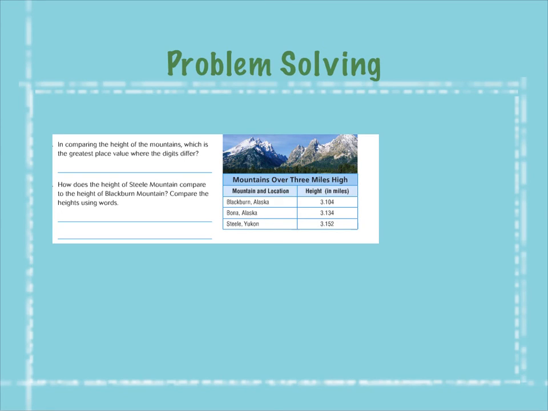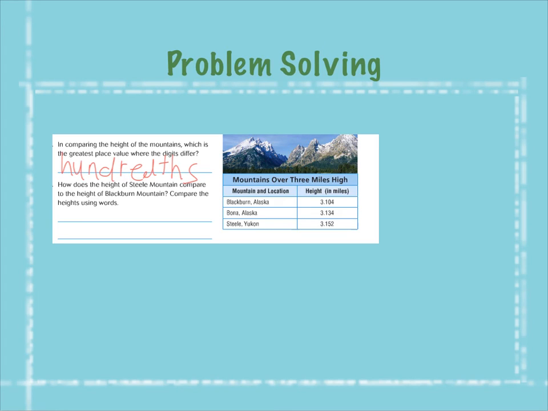So we can see that this one has a 0, this one has a 3, and this one has a 5. Therefore, the hundredths place is the place value in which the numbers are different. I know that it's not the thousandths place because it asks me for the greatest place value. And hundredths are greater than thousandths.